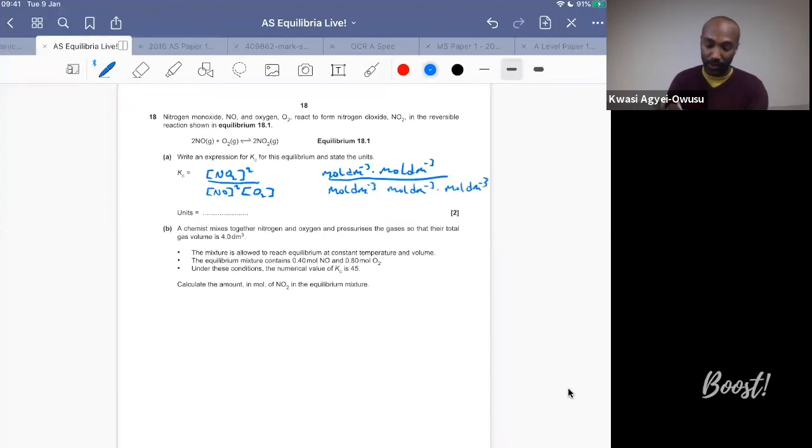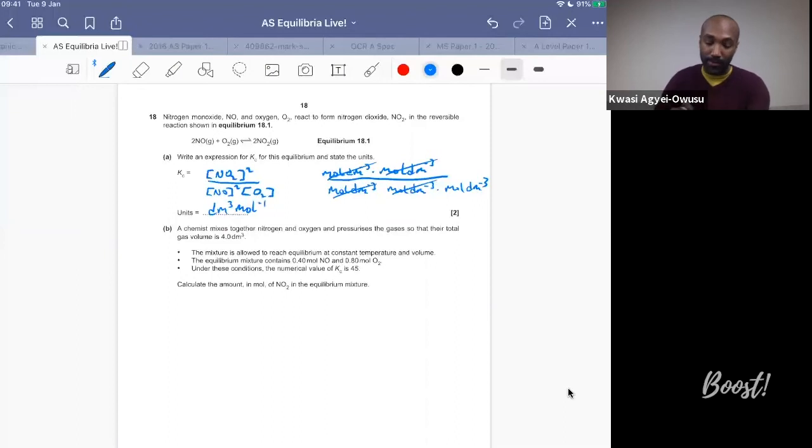And then we can cancel things out. So that cancels out and that cancels out, and we're left with 1 over mole per decimeter cubed. And so that would give us dm to the 3 mole to the minus 1. Okay, so that is our units shown there.